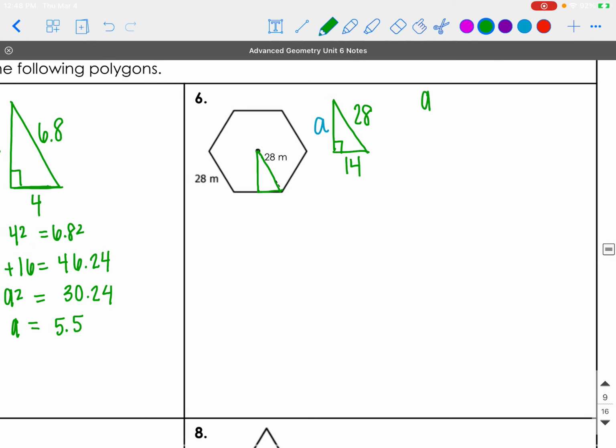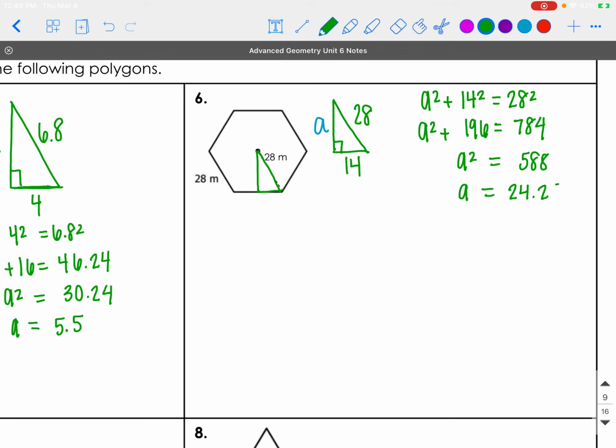So a squared plus 14 squared equals 28 squared. That's a squared plus 196 equals 784. Subtracting 196 gives us 588. And then I take the square root to get a equals 24.25.